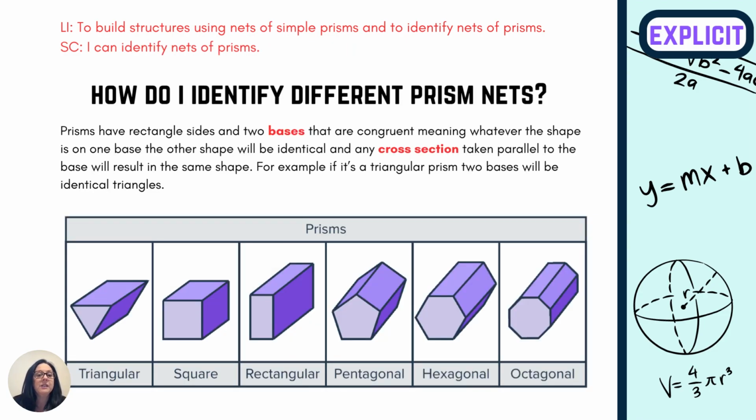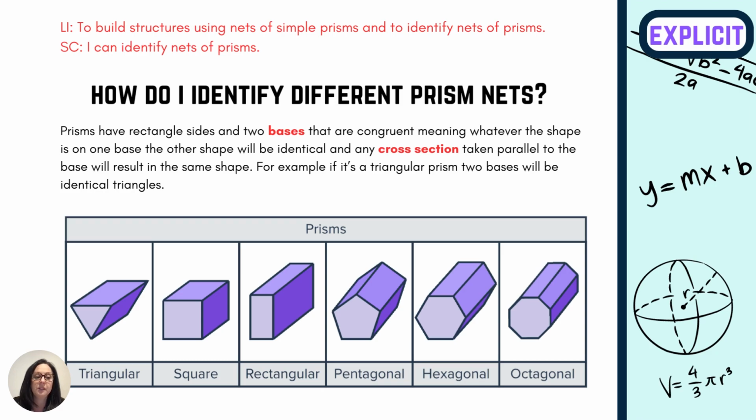So how do I identify different prism nets? Prisms have rectangle sides and two bases. So the key feature is your bases. Our two bases are identical, and that is our key feature for identifying any prism.